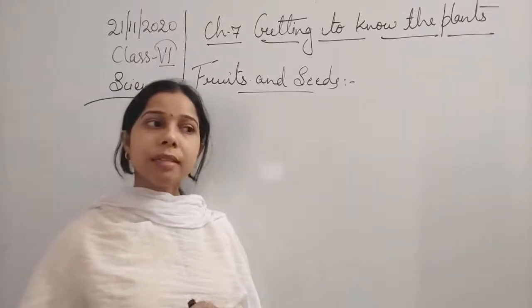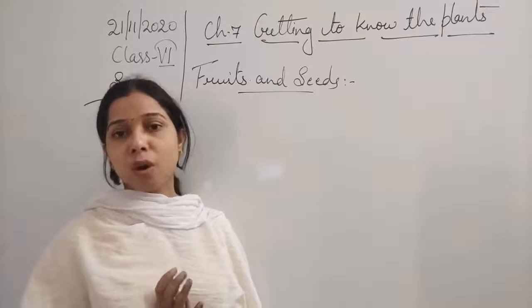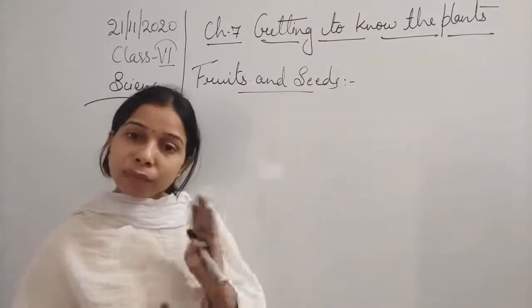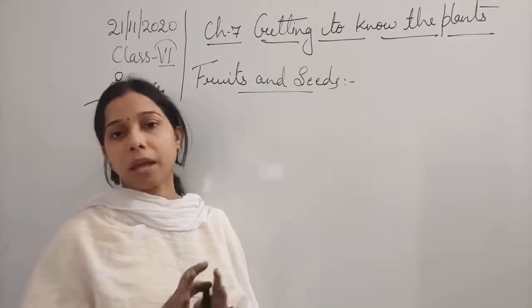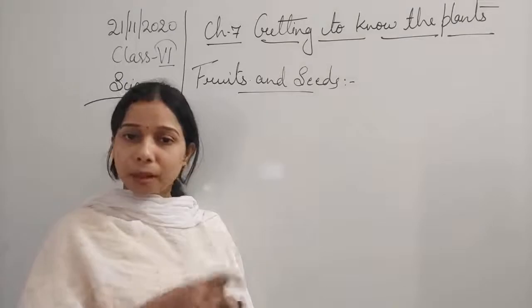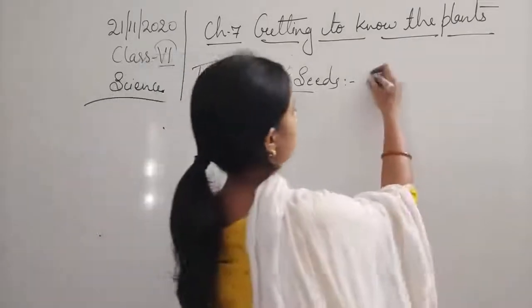Now fruit also consists of one more thing, and that is the seeds. So we can say that the fruits and the seeds are together. Inside the fruit, seeds are there. Okay, so seeds are present inside the fruit.